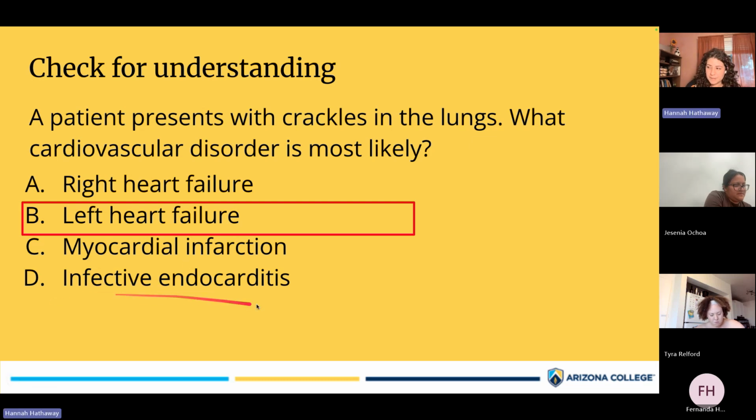And then we didn't really talk about this, but infective endocarditis is an infection that is actually in the heart itself. That usually happens to the heart valves, which become the part of the heart that is infected. Usually you don't have bacteria in your blood, so generally someone who gets endocarditis has had bacteria introduced into their blood in some way.